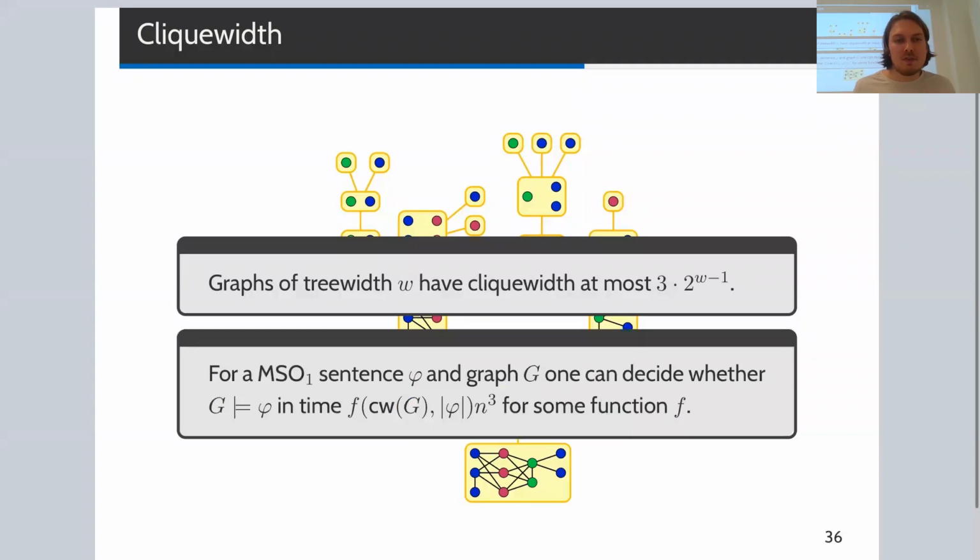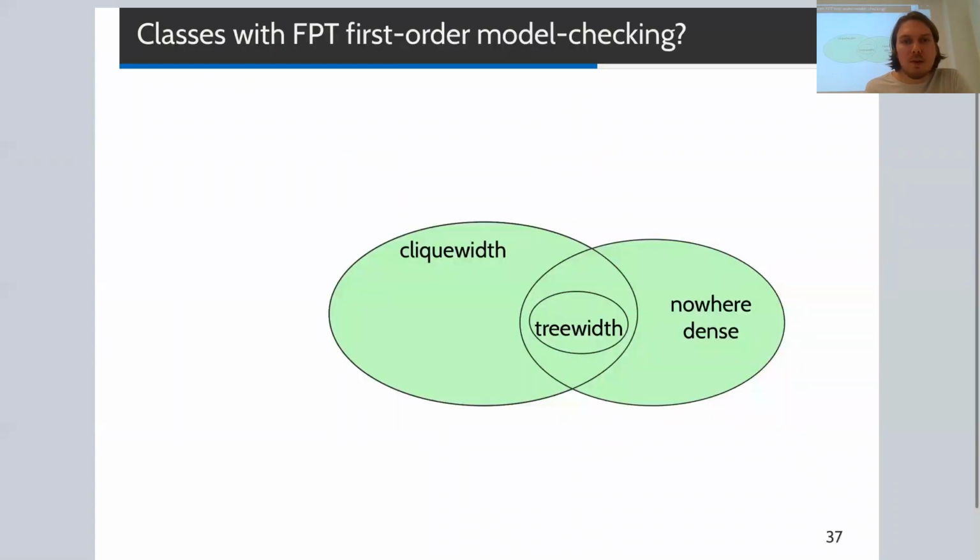And additionally, you can evaluate MSO1 sentences on graphs with bounded clique width in FPT time. So the running time that you get is some function of the clique width of the graph and the formula length times n to the 3. So on graph classes with bounded clique width, you can do MSO1 model checking, which means you can in particular also do first order model checking.